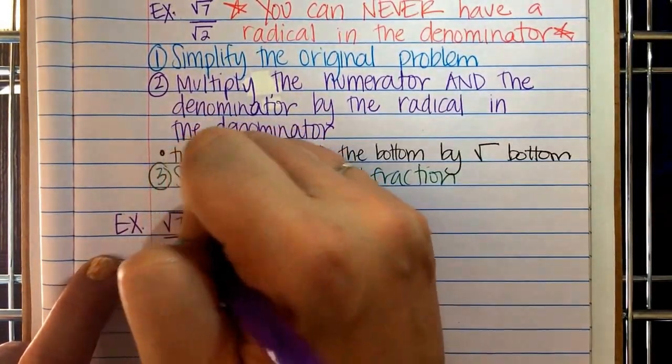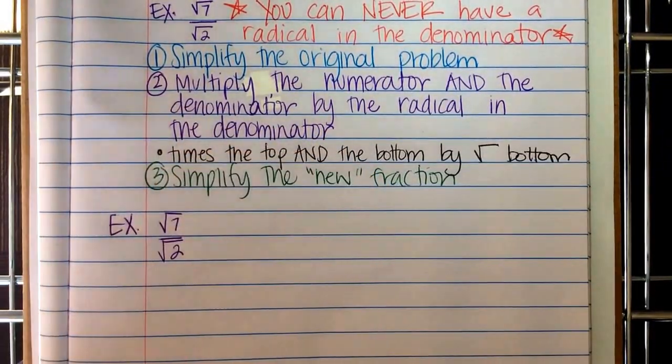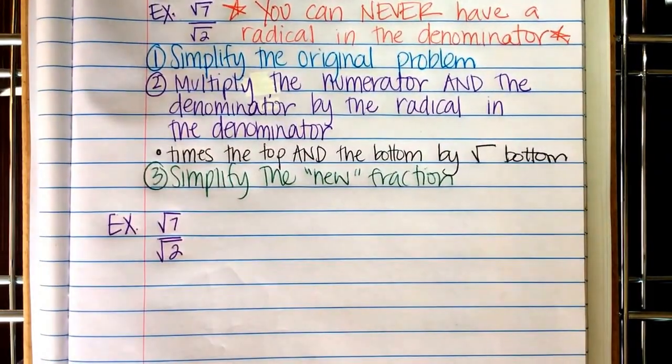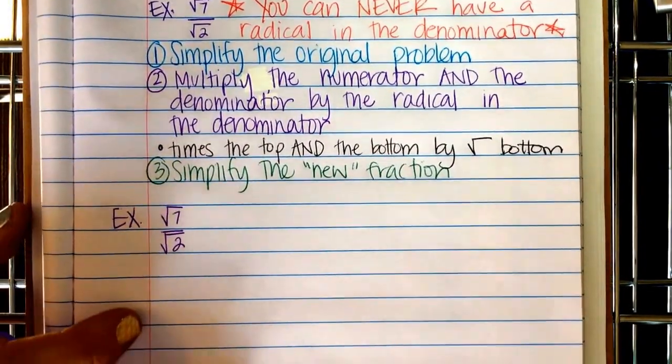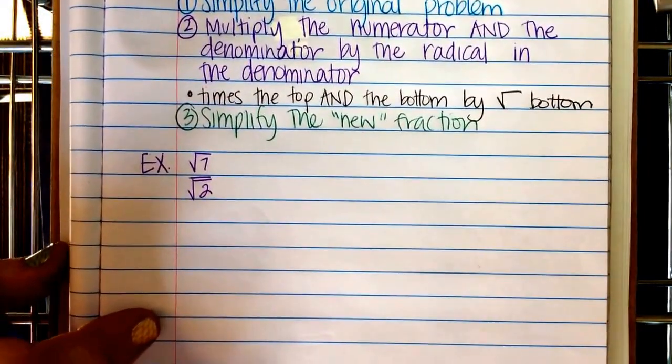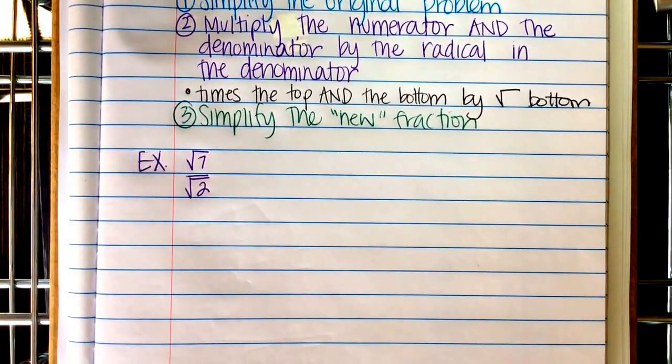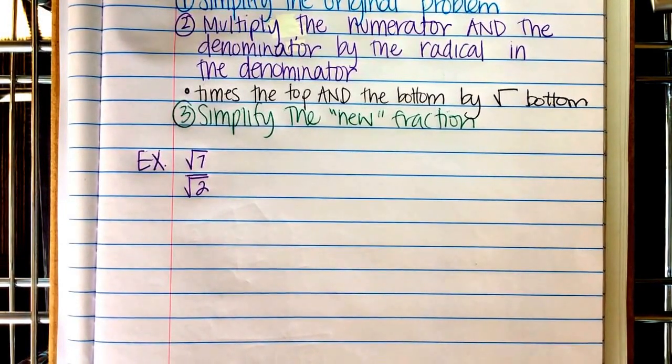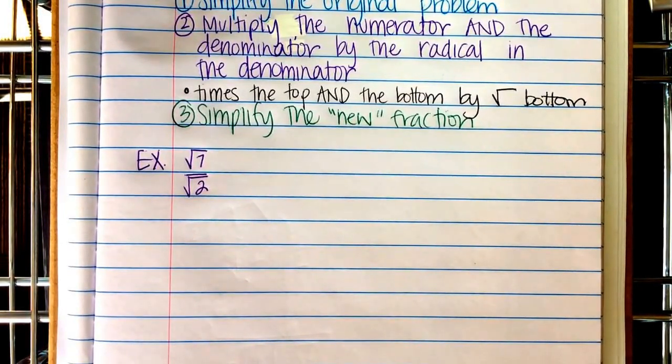Radical 7 divided by radical 2. Isn't that the rule that I just told you, you can never have a radical in the denominator? Here's a hint. You're going to have to do this at every problem tonight. So what am I going to do?